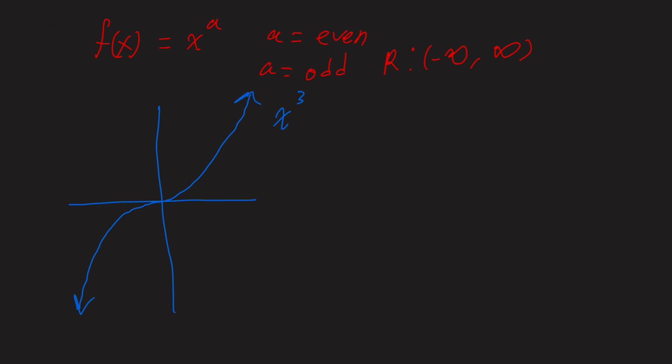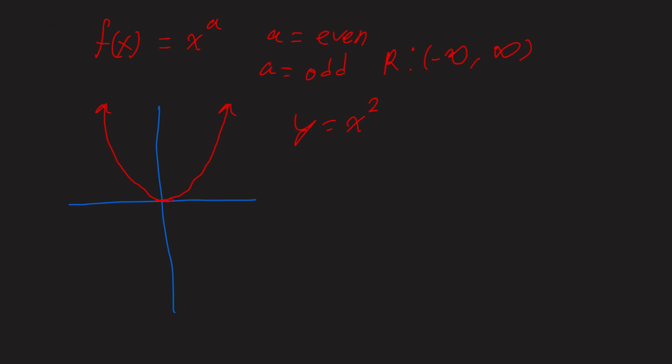Okay, so with that being said, let's consider the example where we actually need to do some work, which is when x is to an even power. That would be a parabola. Let's consider first y equals x squared. The range of that, as we can see, is 0 up until positive infinity.